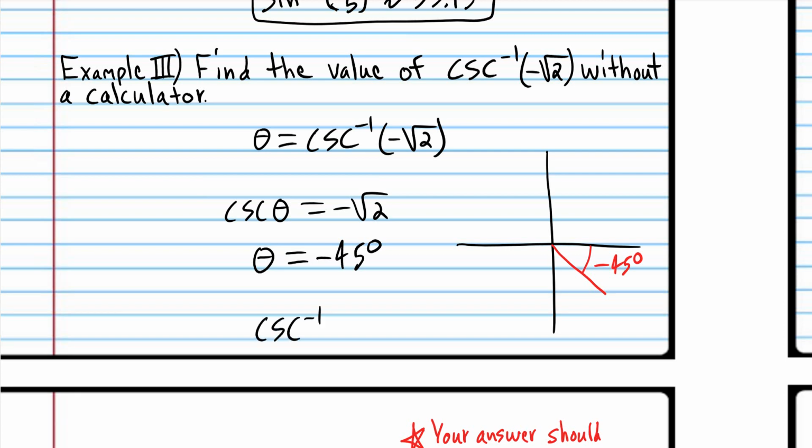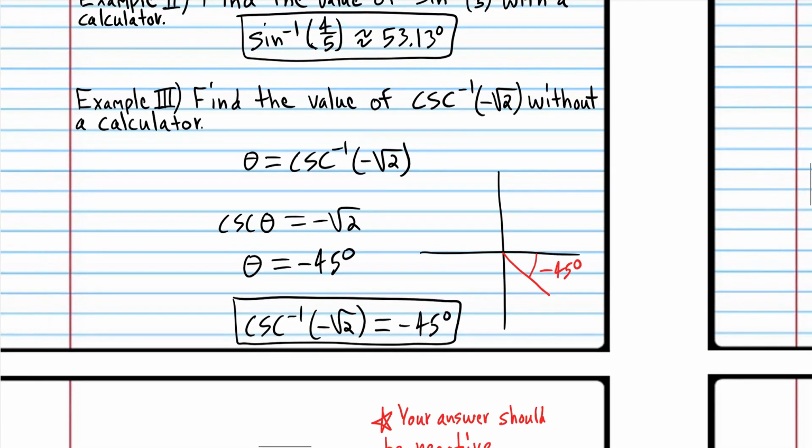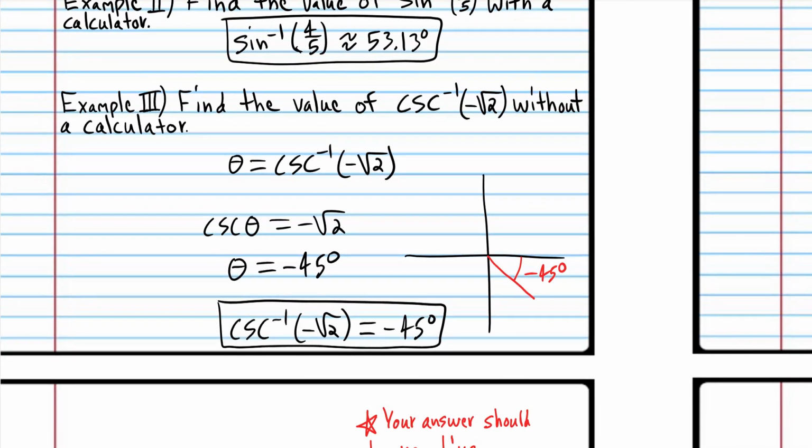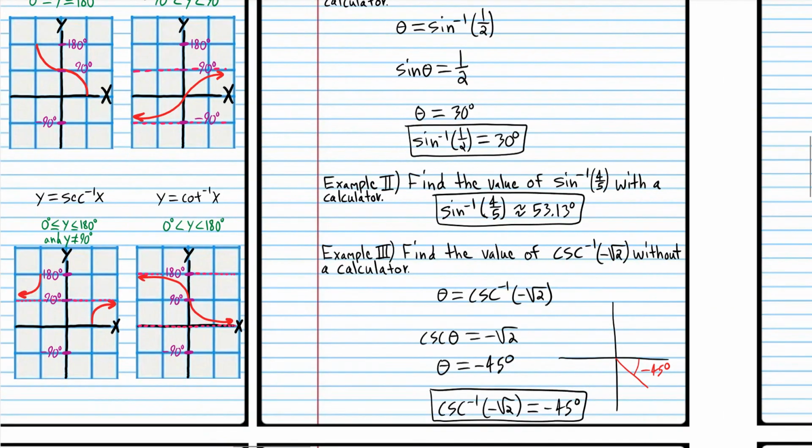Cosecant inverse of negative root 2 is equal to negative 45 degrees. Okay, so that was just some review.